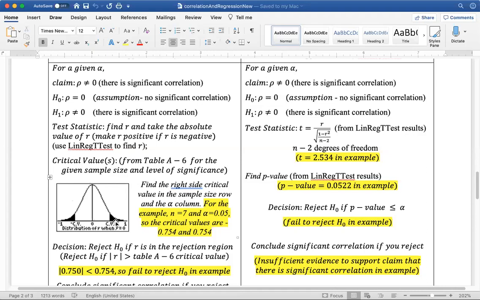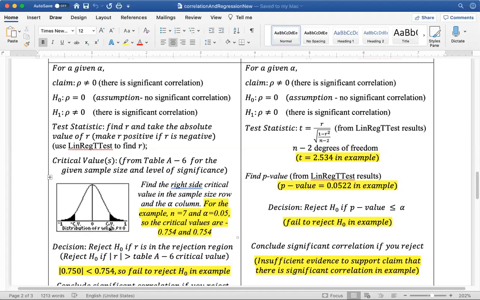But if R is significantly different from 0, remember it's an estimate of rho, we're going to reject H0 in either direction, significantly negative or significantly positive. What we do need to know is what the critical values are that tell us how far it has to be to the right or to the left in order for us to reject.